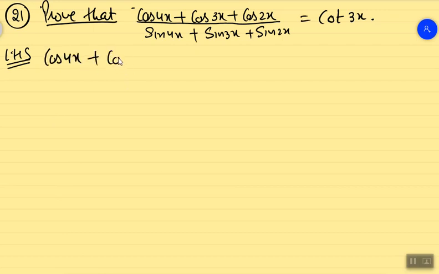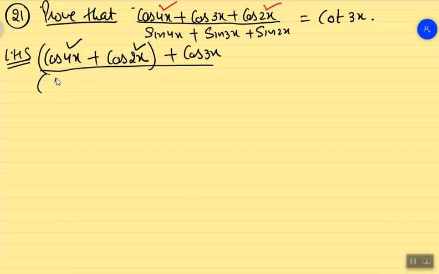I will write the larger angle and smaller angle together: the largest angle is 4x, the smaller angle is 2x. So I will make a group of them. In the denominator, same for the largest angle and smallest angle. Keep them together, beta, and the other term just leave it.